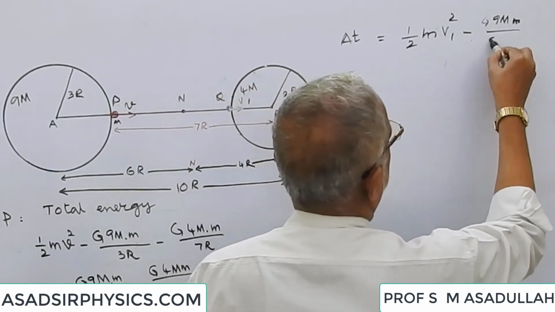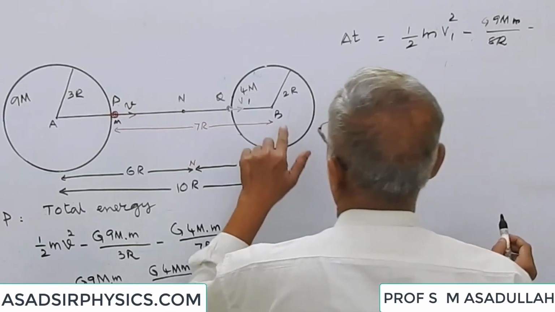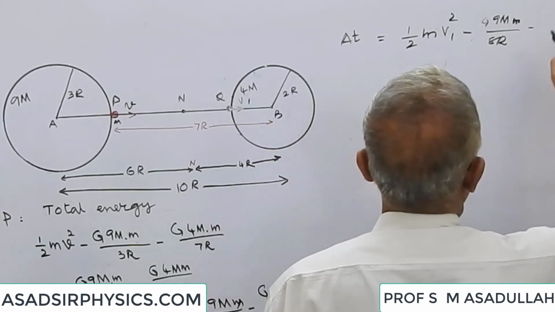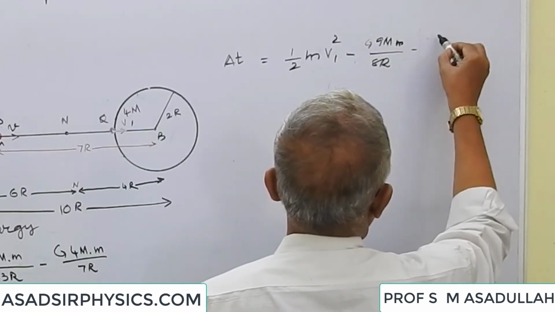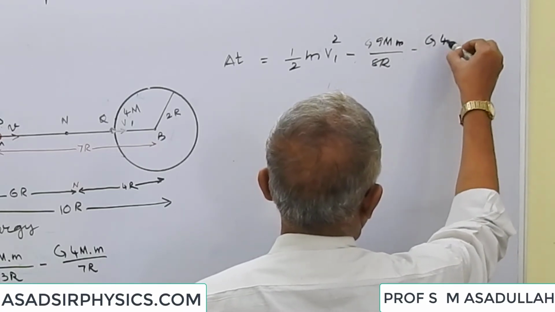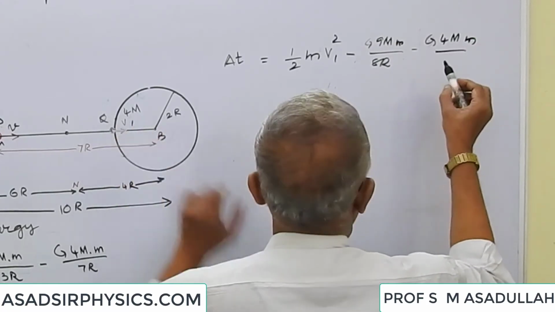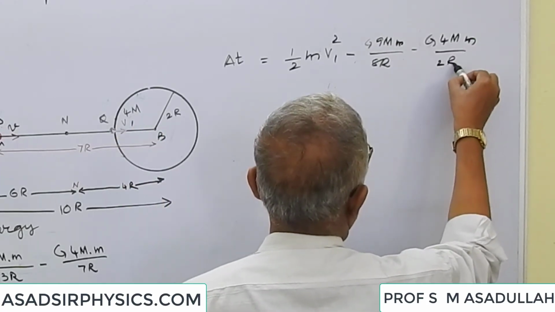G 9m into m by 8r, minus the potential energy due to the planet B, minus G 4m into m by this distance, which is 2r.